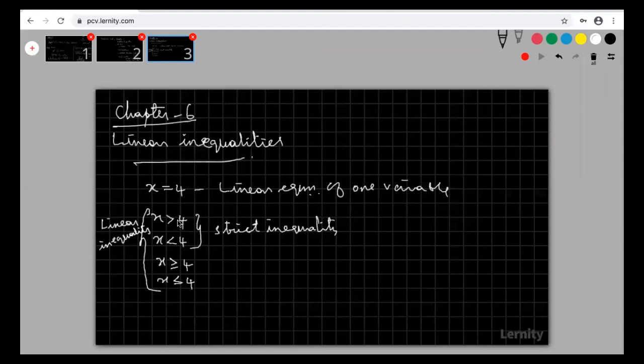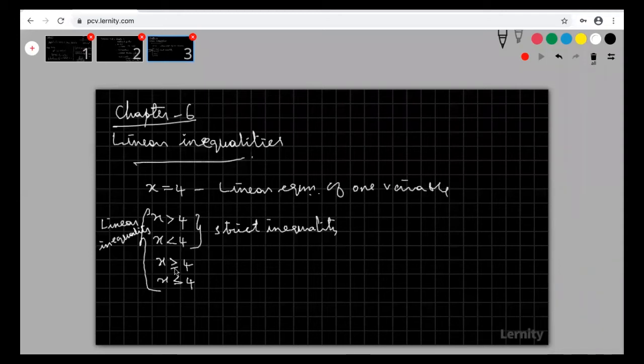That means it is strictly more than 4. Are you okay? So x is strictly greater than 4, not equal to 4, and these two are called strict inequalities. Here x is strictly less than 4, not equal to 4.